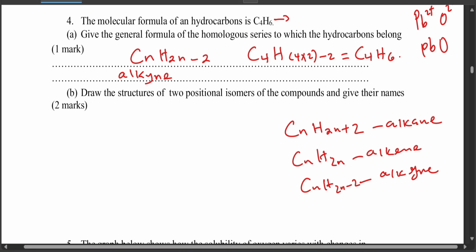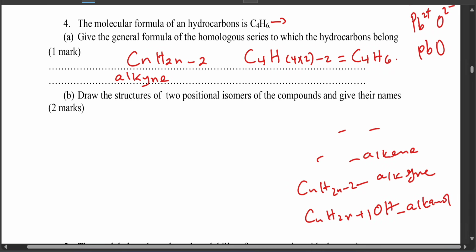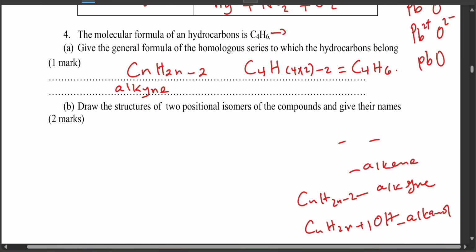We also have alkanols, which is CnH2n plus 1, which is an alkyl, then you put just the OH. This is alkanol, also referred to as alcohols. We also have alkyls, but for the main ones, the hydrocarbons that you need to study are the alkane, the alkene, and the alkyne.